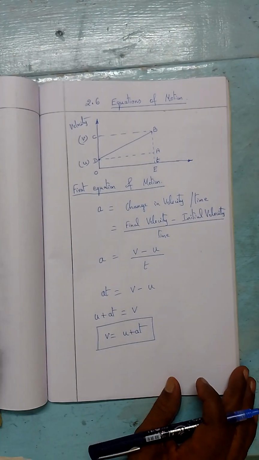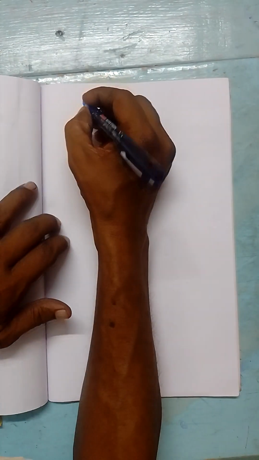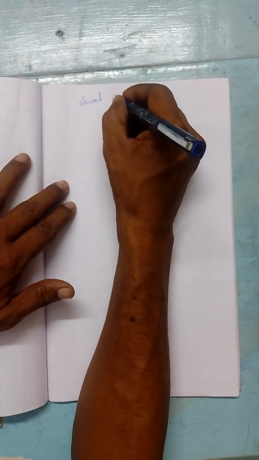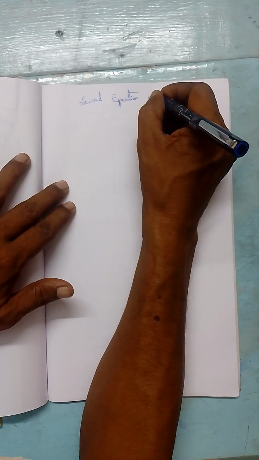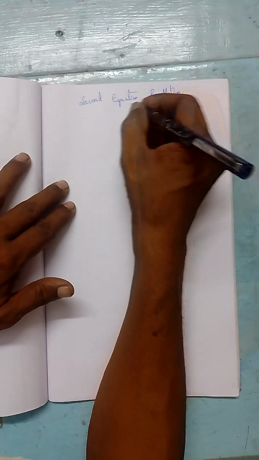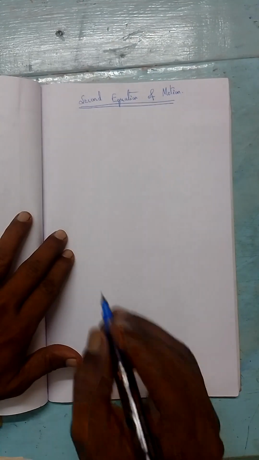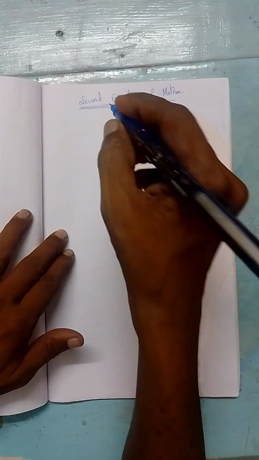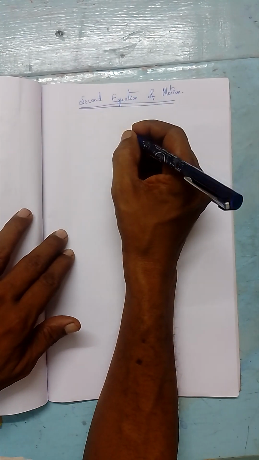Next we will go for the second equation of motion. To find the second equation of motion, we deal with the area.